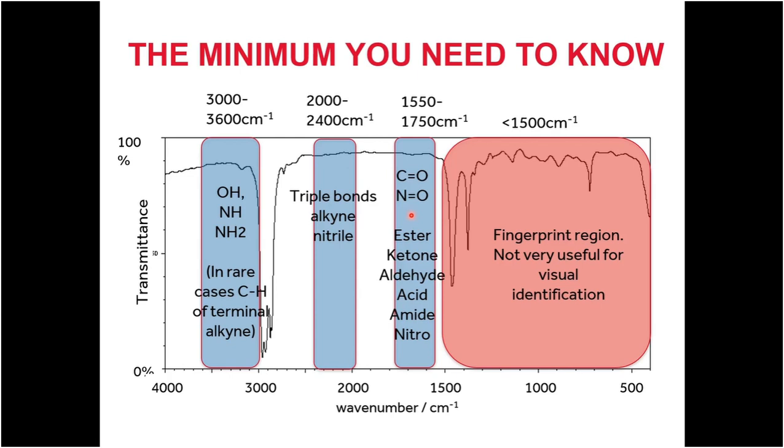And this gives us the functional groups of ester, ketone, aldehyde, carboxylic acid, amide, and nitro groups. And then finally, below 1500 wave numbers, we have the fingerprint region. Now this is not useful for visual identification of functional groups, and I'm going to show you why that is.